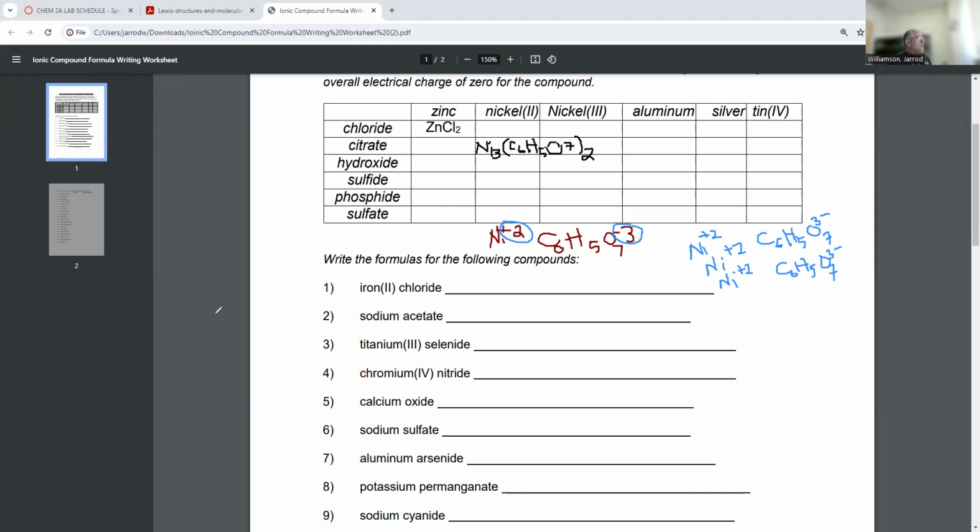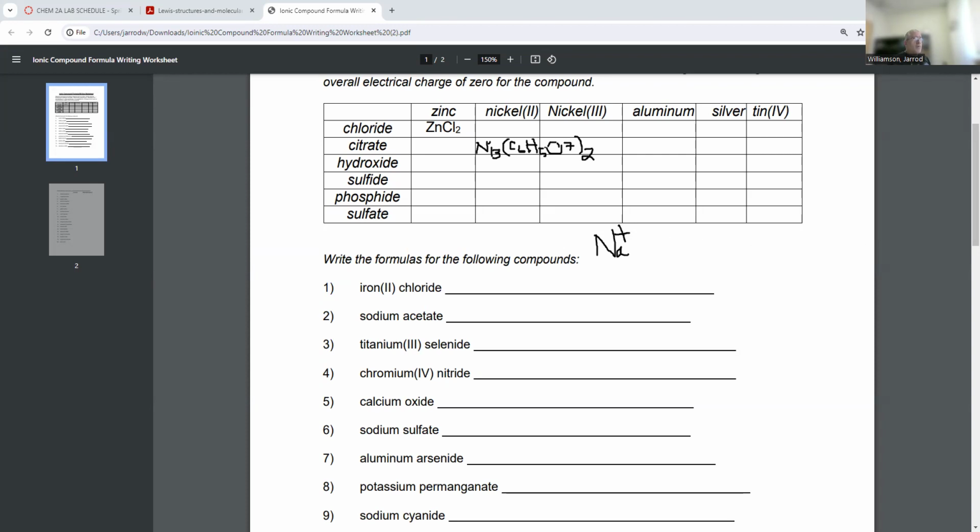Okay? Let's say sodium acetate. So let me erase this space here. Sodium ion. When I look it up on the periodic table, sodium is Na with a plus charge.